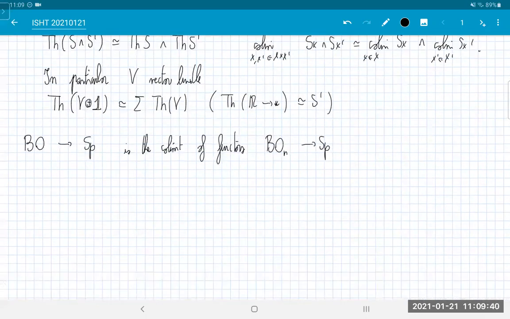And okay, and so MO, let me call this functor J, let me call this functor Jn. So MO is necessarily the colimit of BON, Jn, over N.